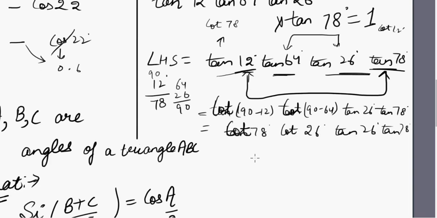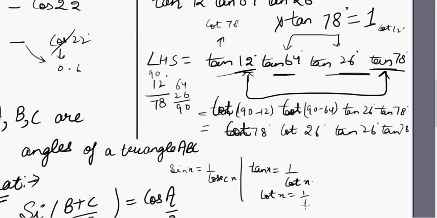Now friends, it has already been told to you that sine x is 1 over cosecant x, and similarly tangent x is 1 over cotangent x, or you can say cotangent x is 1 over tangent x, only when the angles are same. So here you can write that cotangent 78 is 1 over tangent 78 degree.